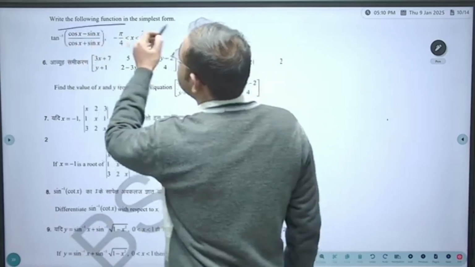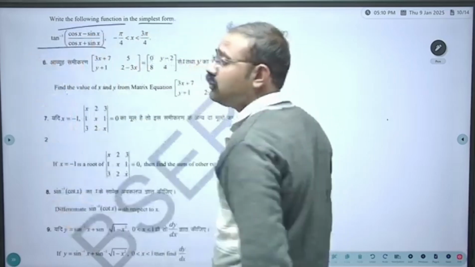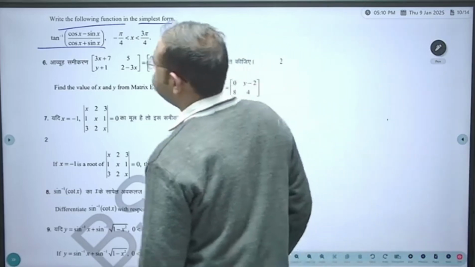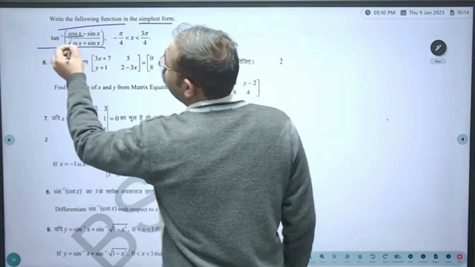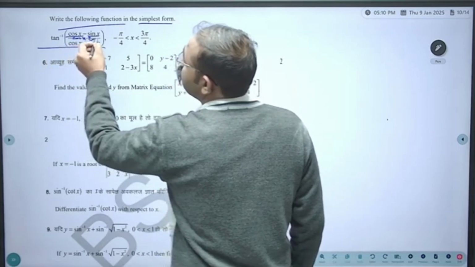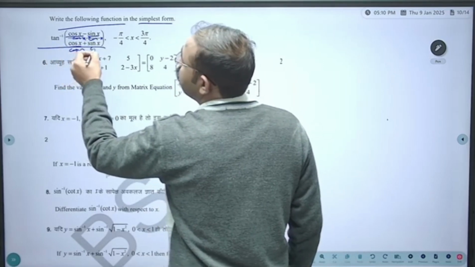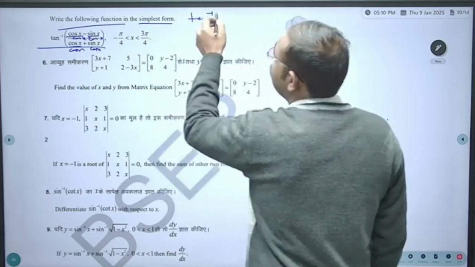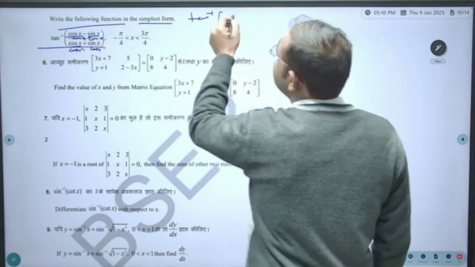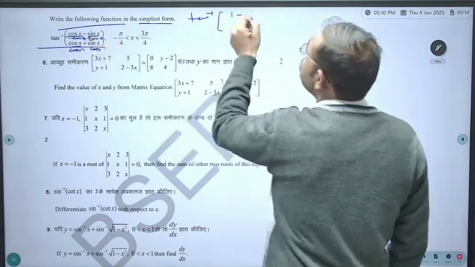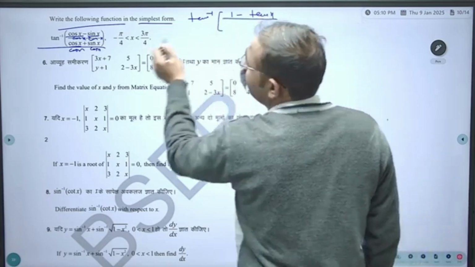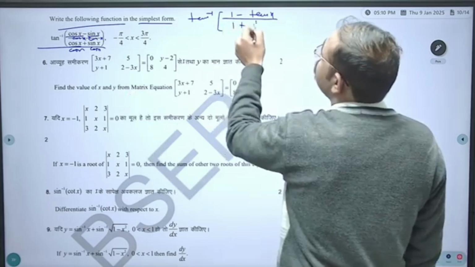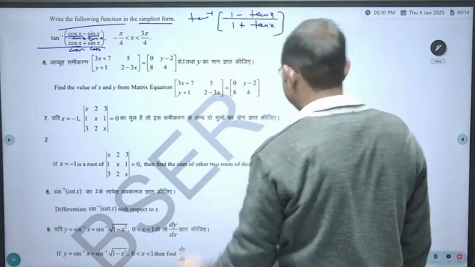Write the following function in the simplest form. We have to write this function in the simplest form. So at very first, I will divide all of these by cos x, this by cos x, this by cos x, and this sin x by cos x. What will I have? Tan inverse of cos x divided by cos x, 1 minus sin x divided by cos x, tan x, upon cos x divided by cos x, 1 plus sin x upon cos x, tan x.